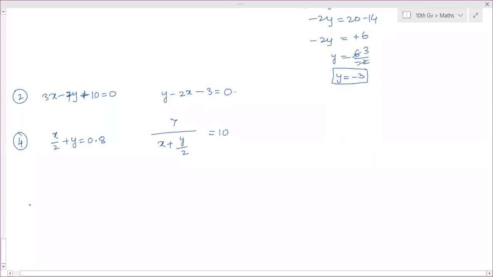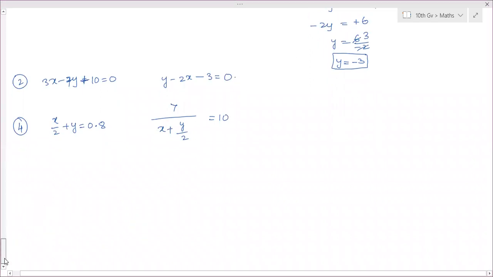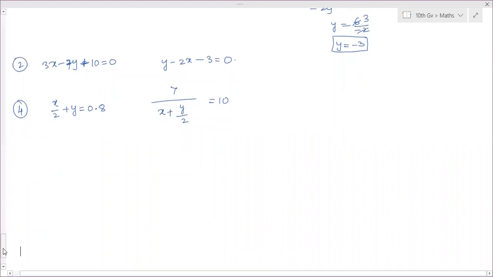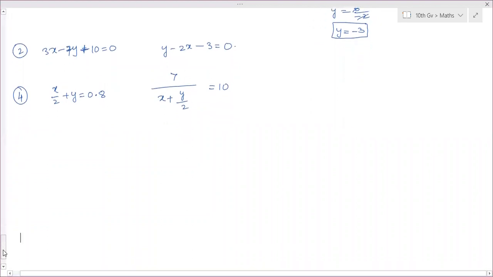Everyone, have you finished third one? X is 2 and y is 3, right? Yes, x is 2 and y is 3. Ma'am, fourth one, y is 0.6 and x is 0.4.